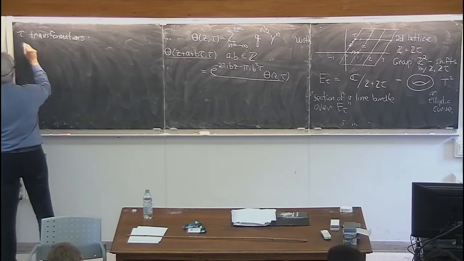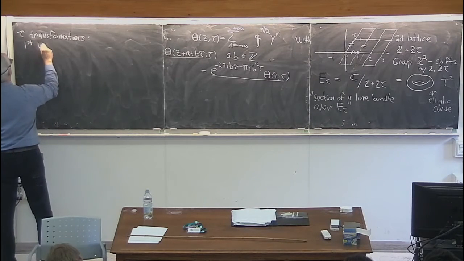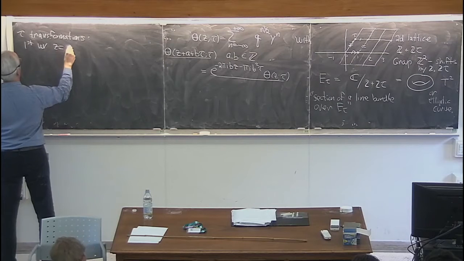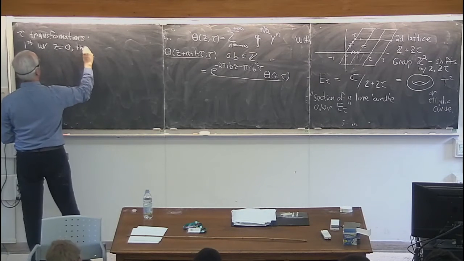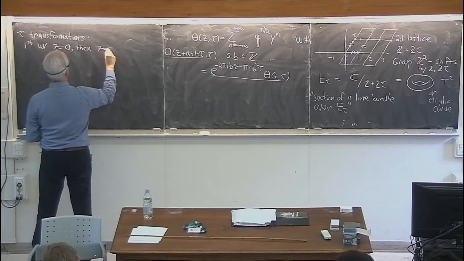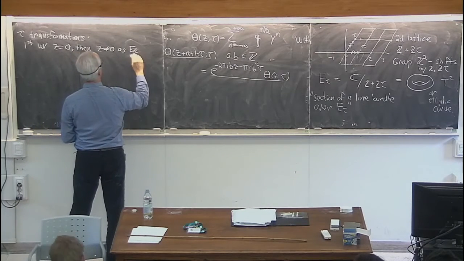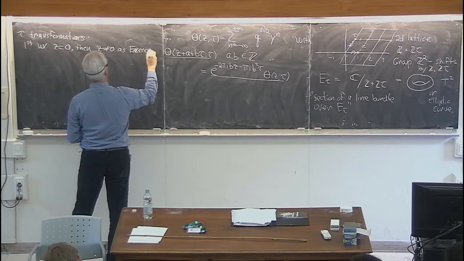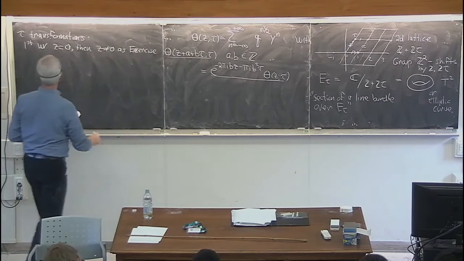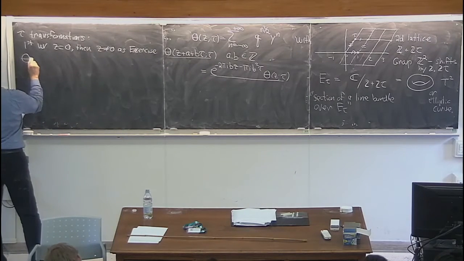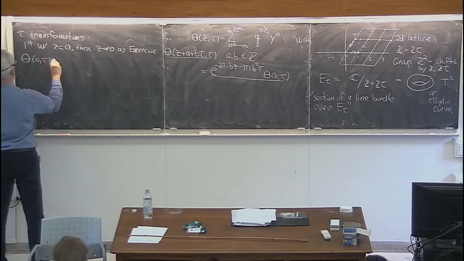And I'm going to analyze those first by setting z equal to 0. And for z non-zero, I'm going to give you an exercise. So let me look at this theta function at z equals 0.